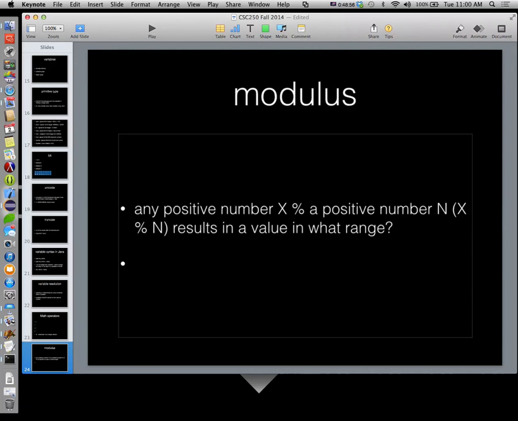I could see this being a quiz question very shortly, maybe next class. So any positive number x, pick your favorite positive number, 7. Mod a positive number n, so the other side of the division, pick your favorite positive number. X mod n will have a result, and that result will have a value in what range?